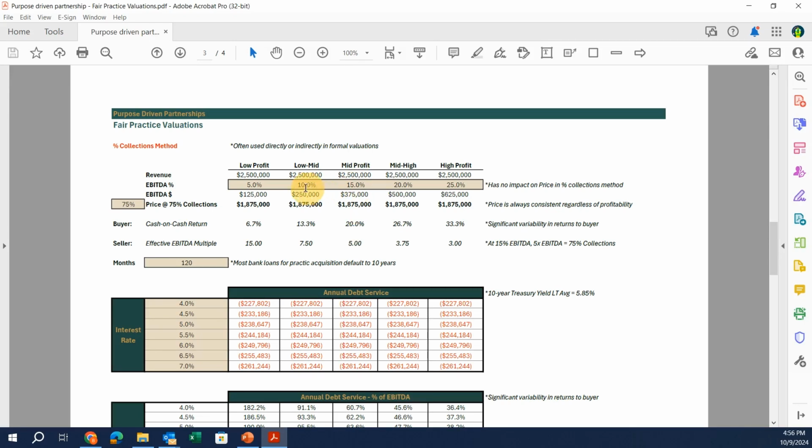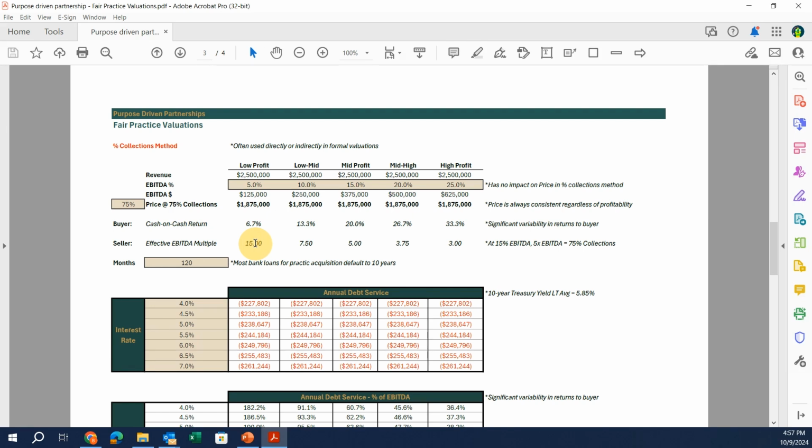As profitability deviates, either that it gets lower or it gets higher, somebody is probably getting a good deal and somebody's getting a bad deal. In the case of a low profitability practice, the buyer only has a 6.7% cash-on-cash return, and the seller gets paid a whopping 15 times EBITDA.